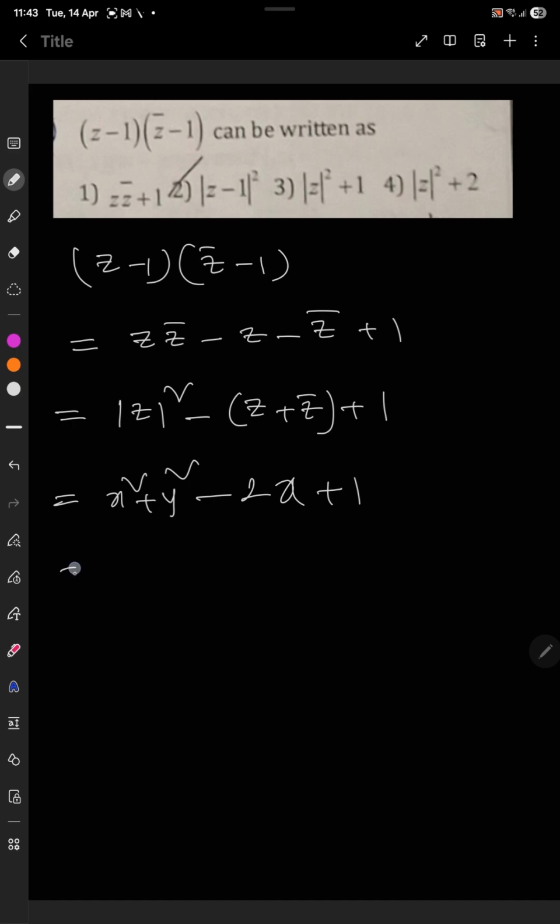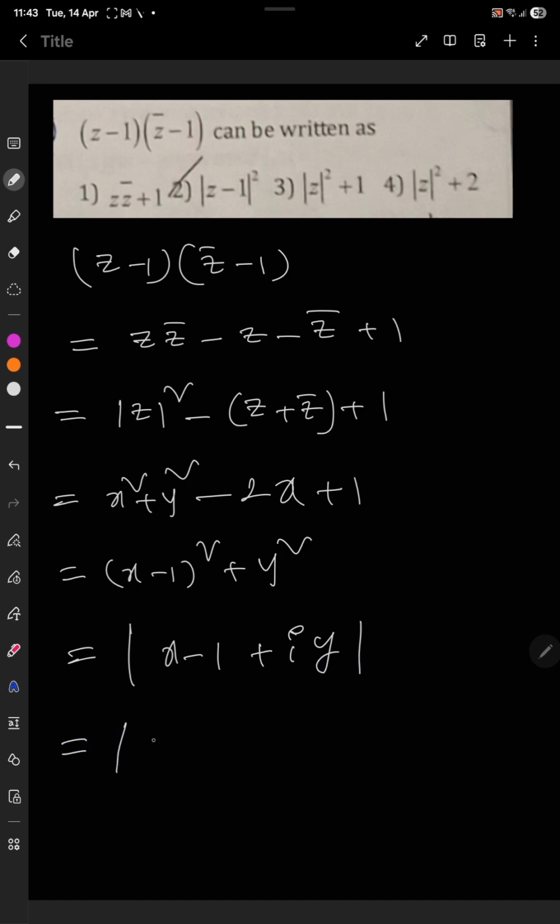So this can be written as (x - 1)^2 + y^2, so that is |x - 1 + iy|, so that is, x + iy is z, |z - 1|^2. So that is the second option.